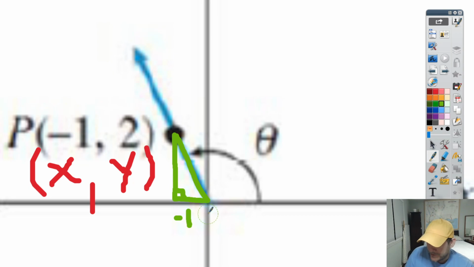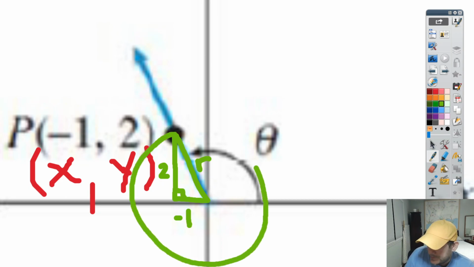Technically it's negative 1 because we went to the left. And the vertical leg has a length of 2. And our radius is this hypotenuse. Because if you're imagining that circle that we pass through, that's not my best circle, but the radius of the circle that this terminal ray passes through is the hypotenuse of this right triangle.